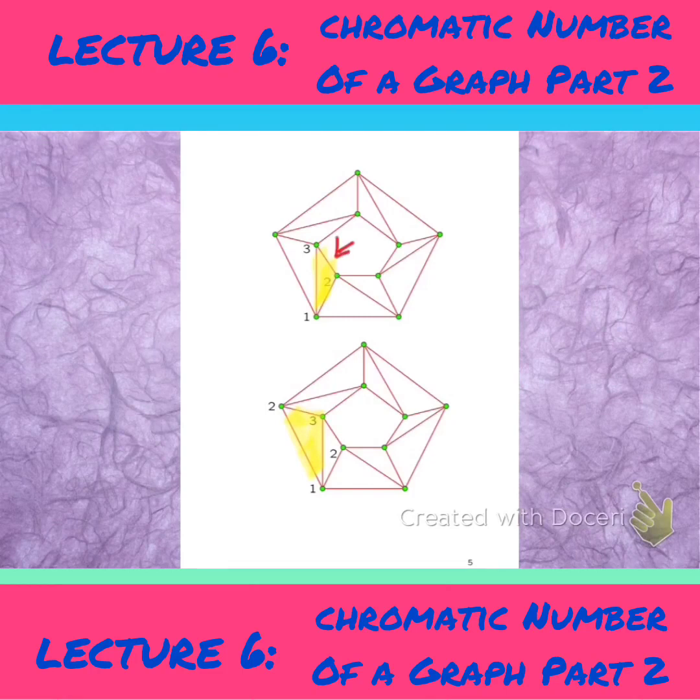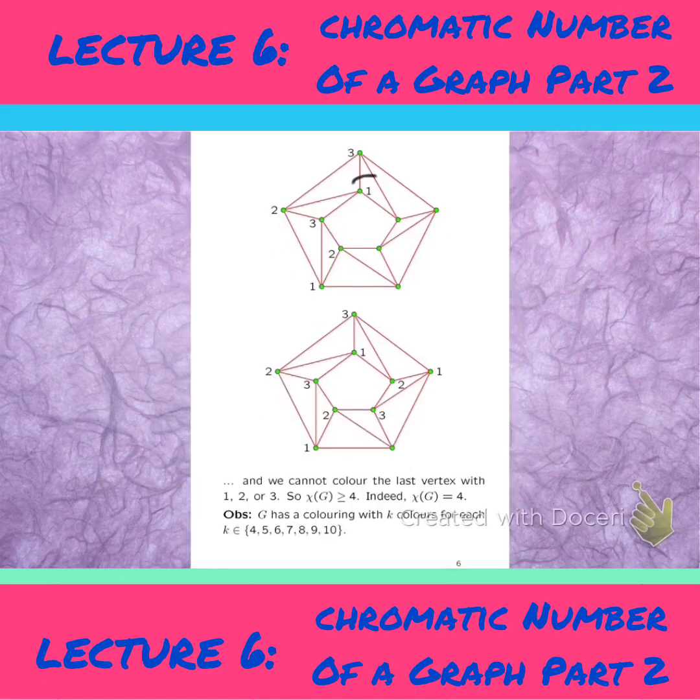And then that C3 there, you've already colored, you've used colors 1, 3, and 2, and you will then be forced to color that last remaining vertex with color 2. Then you have to color that vertex 1, you don't have any other option, and then you have to color that vertex with color 3.